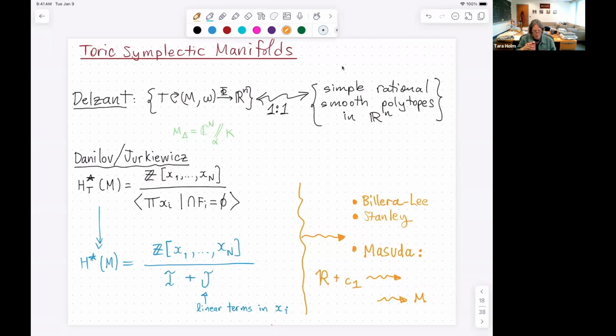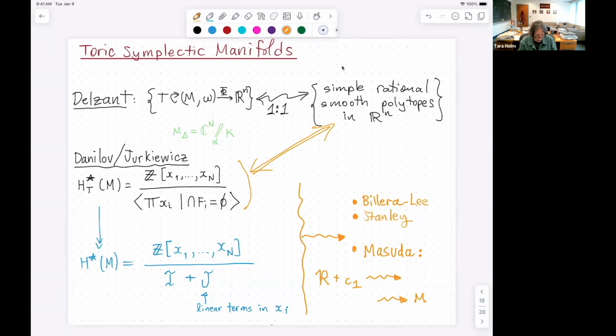Another piece of information, and this gets at the original question that I was asking: what we can see in this Danilov-Jurkiewicz theorem is that this cohomology ring is completely determined by the polytope. It just depends on the combinatorial structure of the polytope.